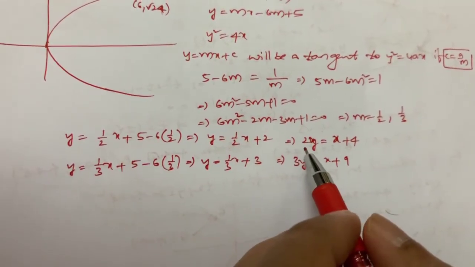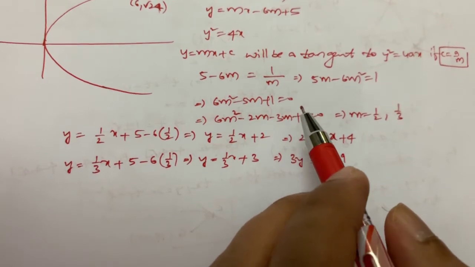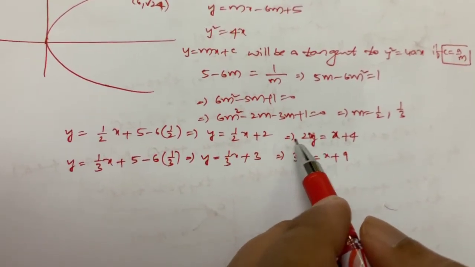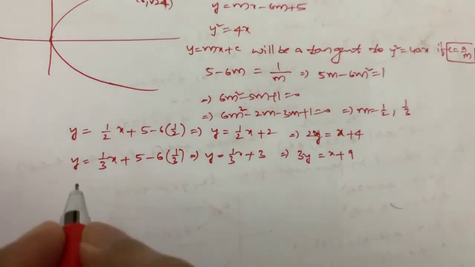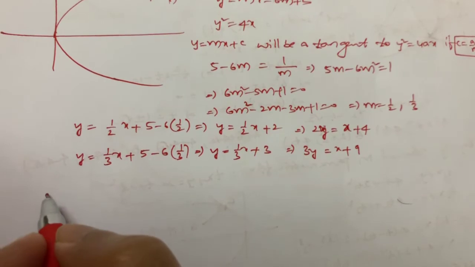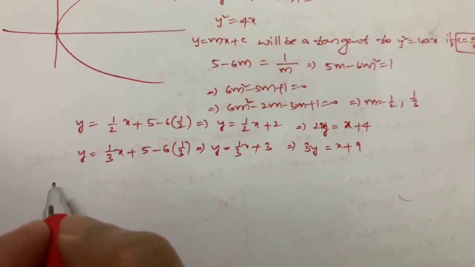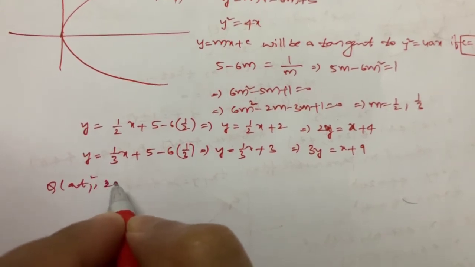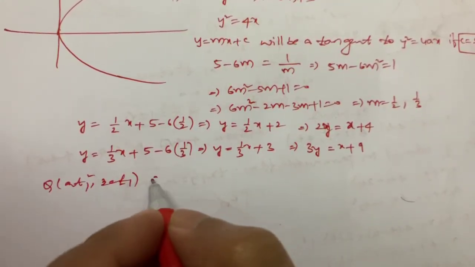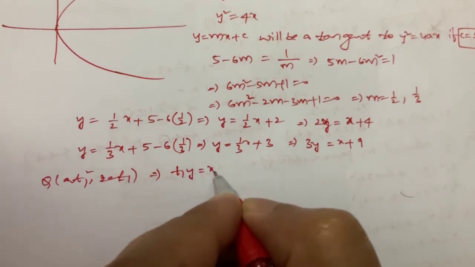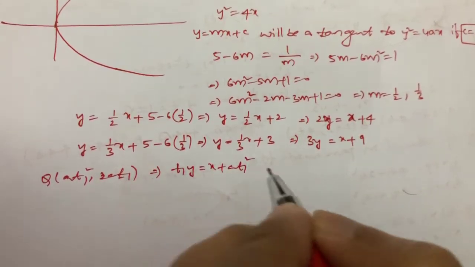The tangents are touching the parabola at Q and R. So we have to find the points of contact Q and R. Equation of tangent at a point in parametric form: let's say Q is (at1 square, 2at1). The equation of tangent at this point is t1y is equal to x plus at1 square.